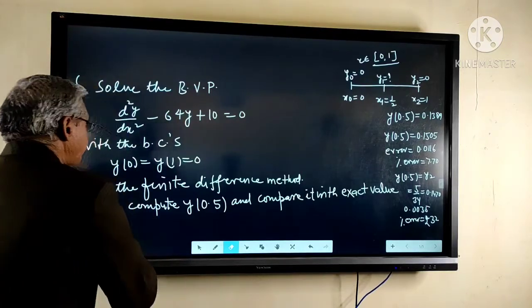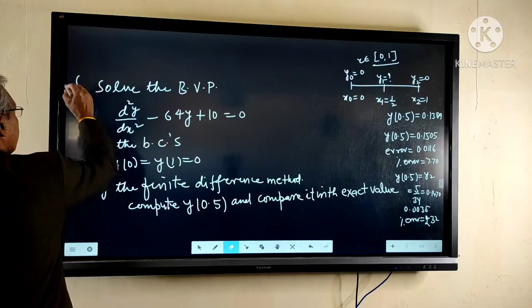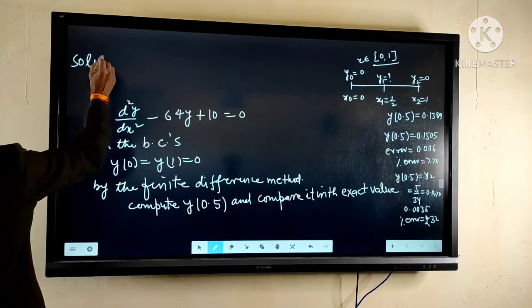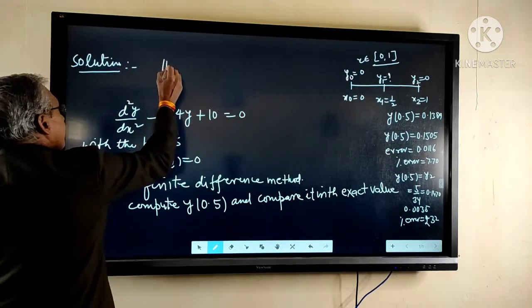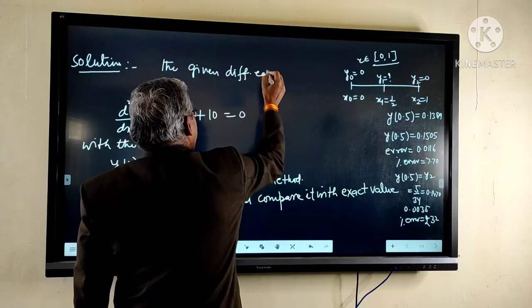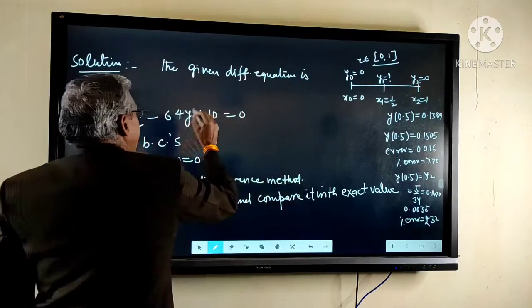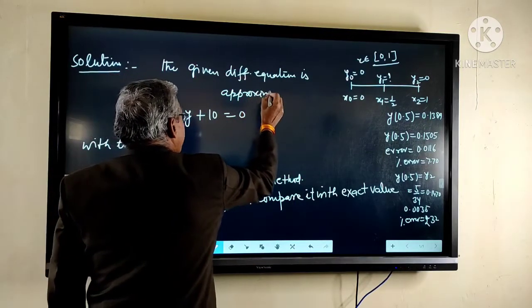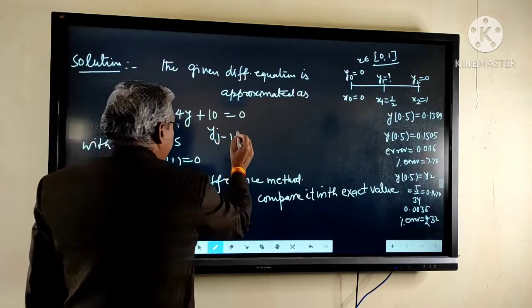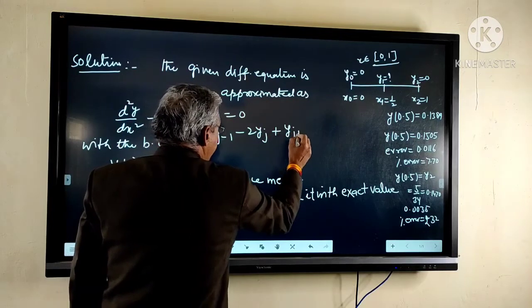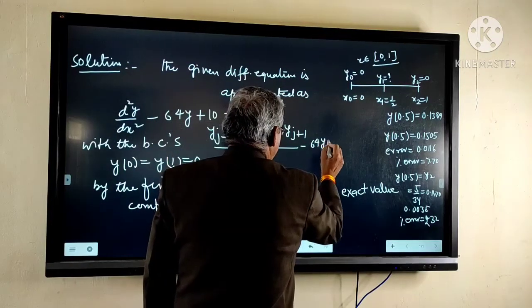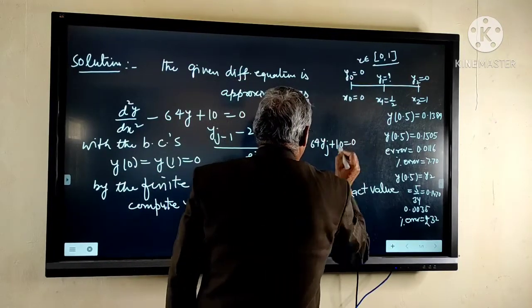So first of all, the given differential equation is approximated as (y(j-1) minus 2yj plus y(j+1)) upon h square minus 64yj plus 10 equals to 0.